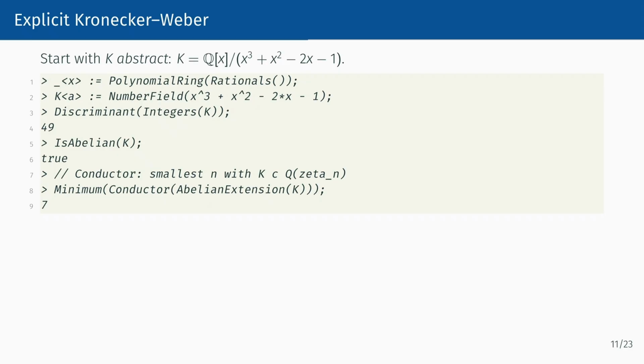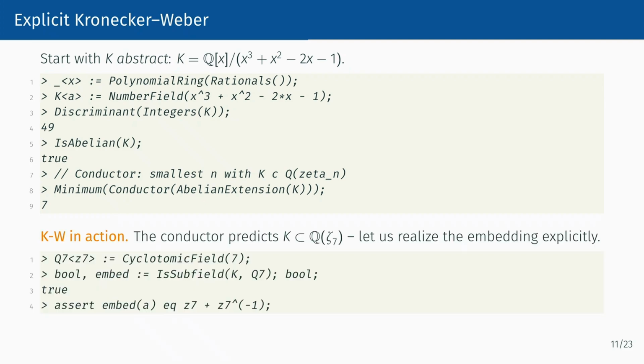So it's convenient to have these two structures in different locations. But once you made it into an abelian extension, then you can compute its conductor. And the reason I inserted the word minimum here is that the conductor is given as an ideal, and it will just take too much space on the slide. So I took the minimum element of this ideal.